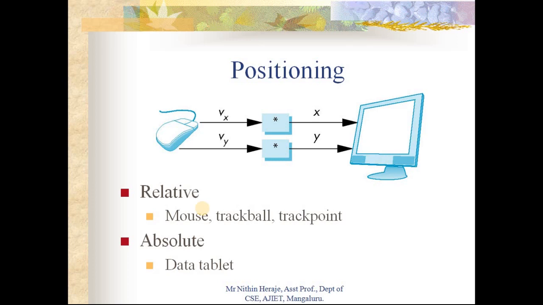That is, you place your mouse cursor, it has position Vx and Vy as per the mouse, and if you check with the screen coordinates, that would be X and Y, which we call relative positioning. Whereas with the data tablet, you have absolute positioning, that is, in the touch screen you point out the exact location. So it has only X and Y position there, nothing else.